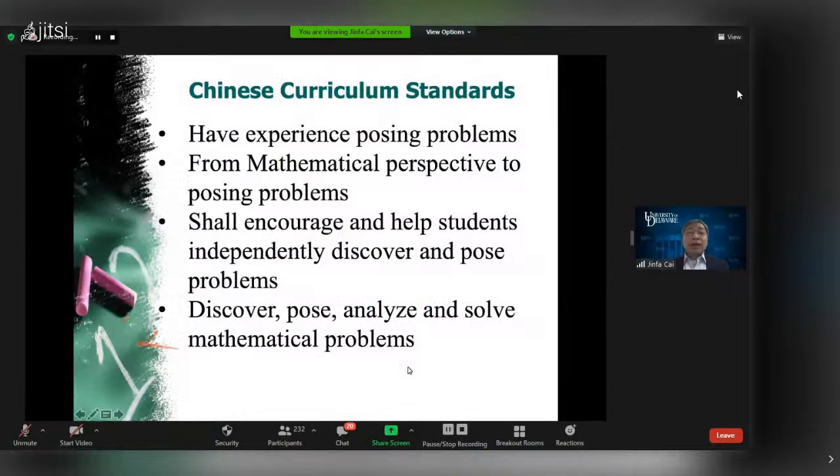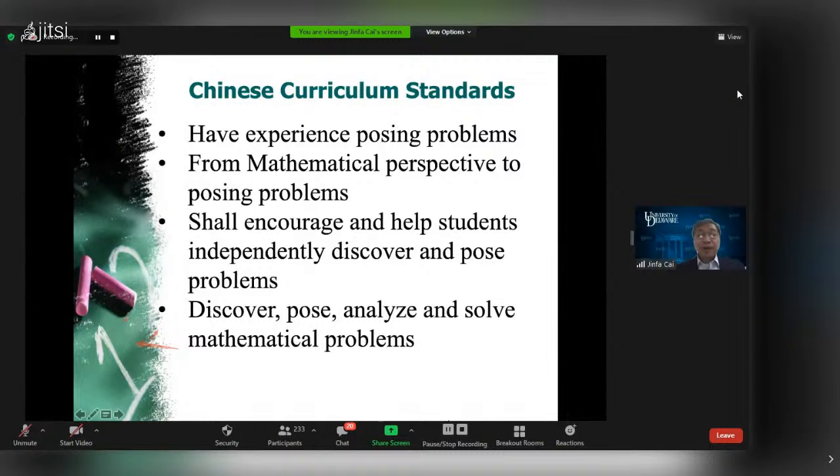Because of my background as a Chinese American, I also know the Chinese curriculum and standards, so I'll give you another example. In the Chinese curriculum standards, problem posing is very explicitly mentioned.